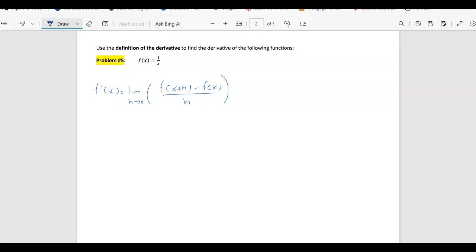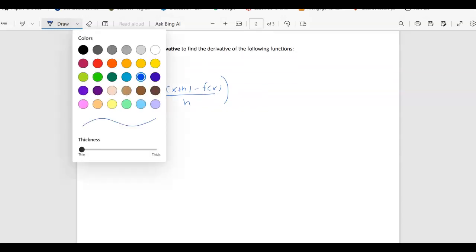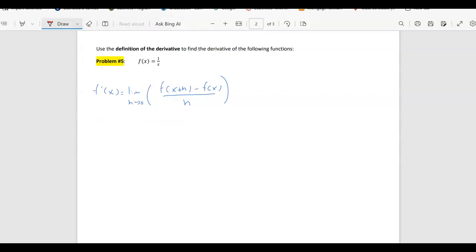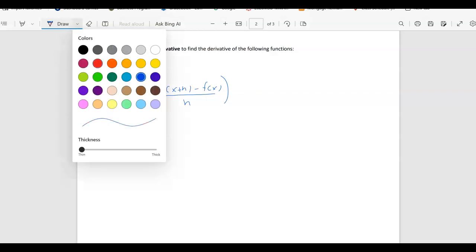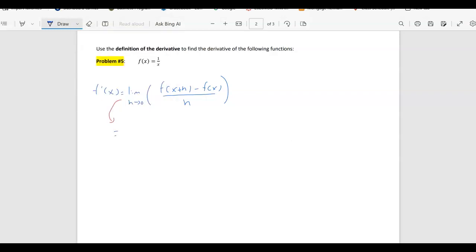And for this particular problem, since your function is 1 over x, this represents the limit as h approaches 0 of 1 over x plus h minus 1 over x, which is our function, divided by h.